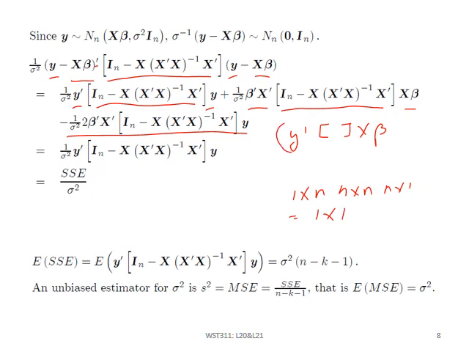Therefore, the transpose of this quantity equals beta transpose x transpose, the idempotent matrix in the square brackets, y, which we can then use to get to the quantity 2 times over there.